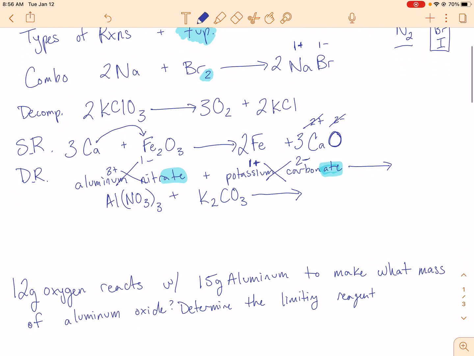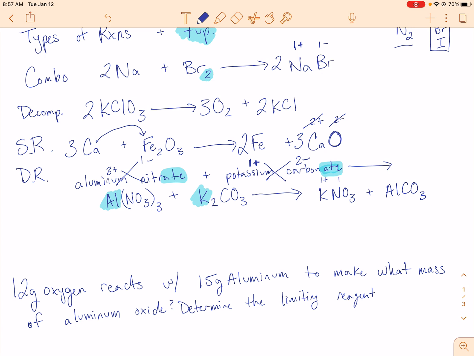Okay. So once you have the original part written, this is a double replacement. So the first 2 elements are going to switch. Those 2 positive cations are going to switch. So now you're going to get K with NO3, and you're going to get Al with CO3. And you need to look at charges on everything.